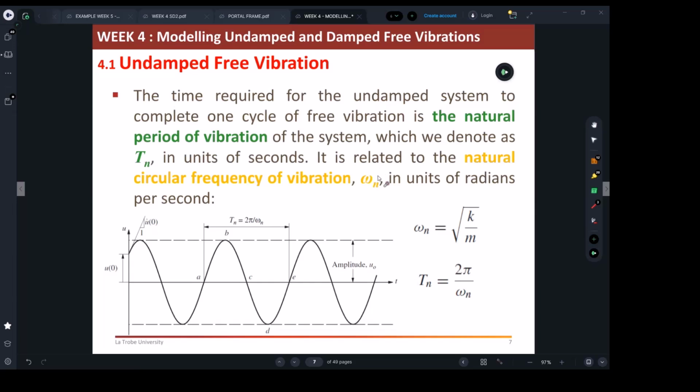If the building's frequency is very close to or the same as the forcing frequency, from harmonic motion for example, what's going to happen to the building?